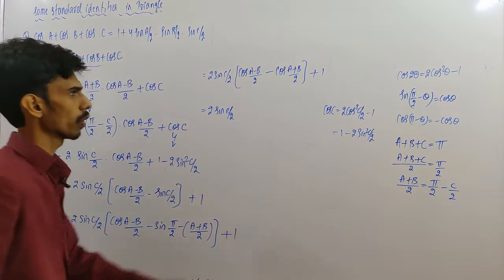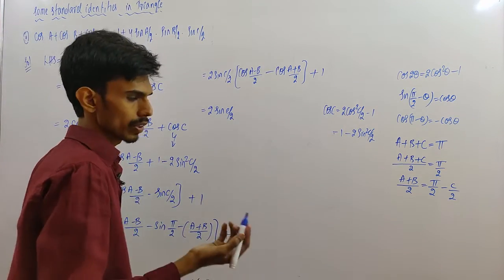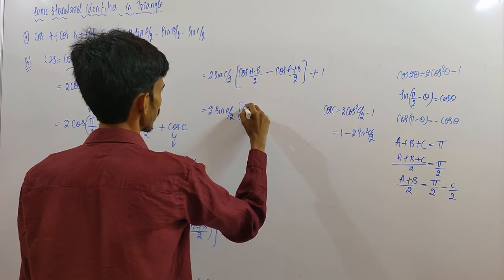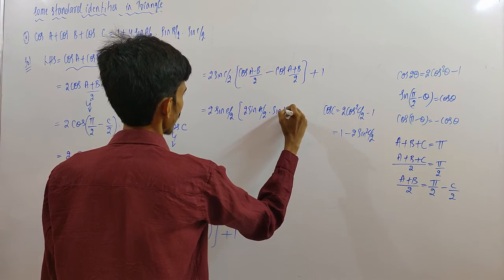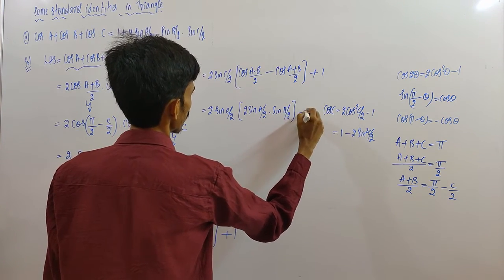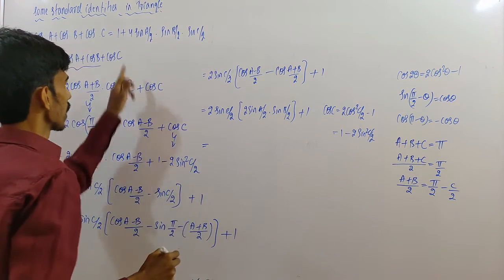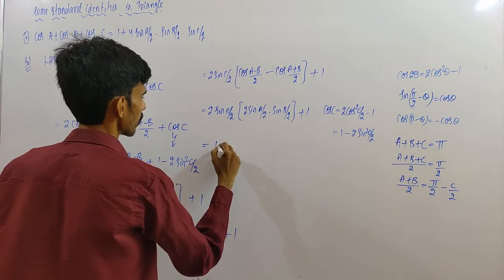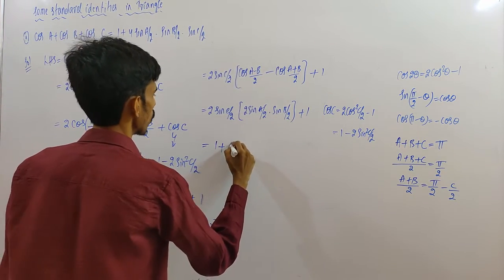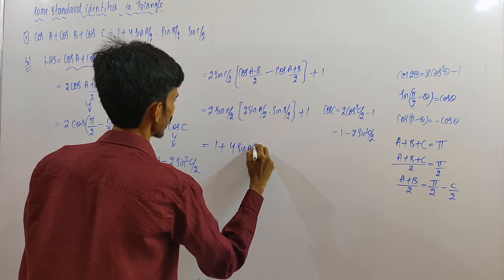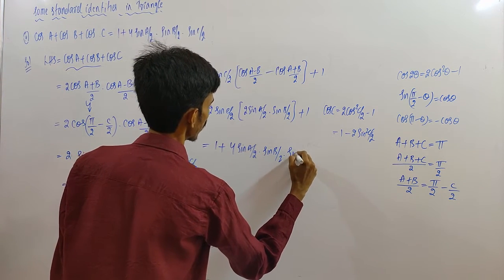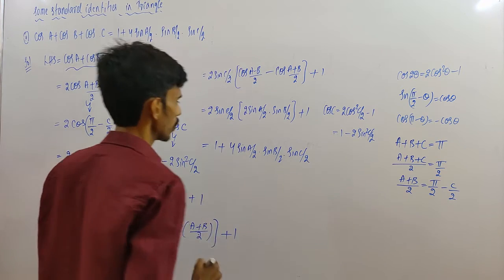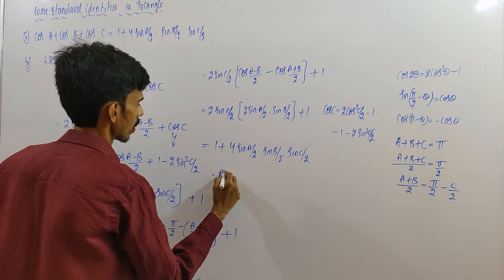Cos((A-B)/2) minus cos((A+B)/2) formula is 2 sin(A/2) sin(B/2), plus 1. So write down 1 plus 2 into 2 is 4: 4 sin(A/2) sin(B/2) sin(C/2). We got the RHS.